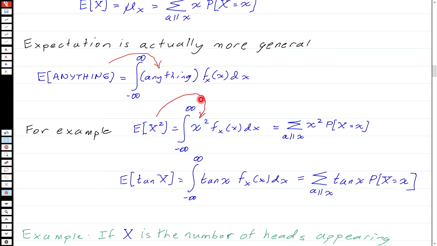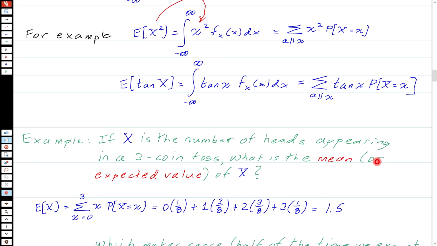We take the x squared inside, make it lowercase, and then multiply by the probability of its occurrence. If it's continuous, I get this integral. If it's discrete, I sum up over all x squared times the probability of its occurrence. Similarly, the expected value of tan of capital X is the integral of tan of little x times f of x dx, or the sum over all x of tan x times the probability that X equals x.